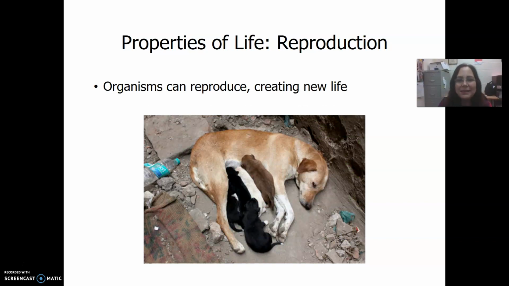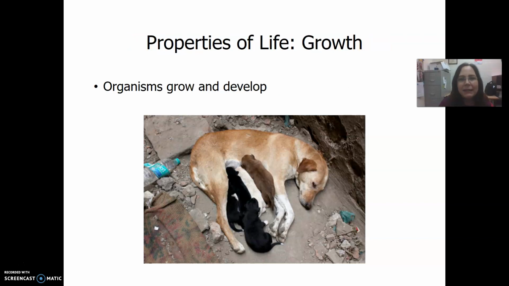And then this, of course, is a mother dog with her puppies. Organisms can reproduce, creating new life. That's another property. And then it also coincides with organisms grow and develop. Growing is getting larger, so the puppy's getting larger and becoming an adult.